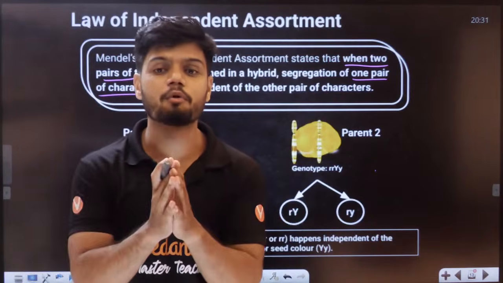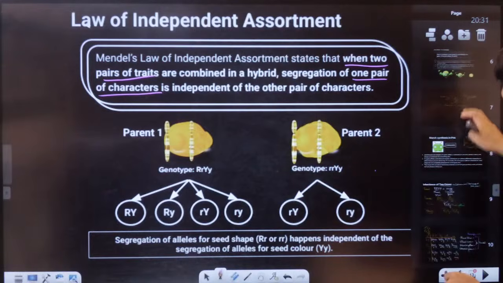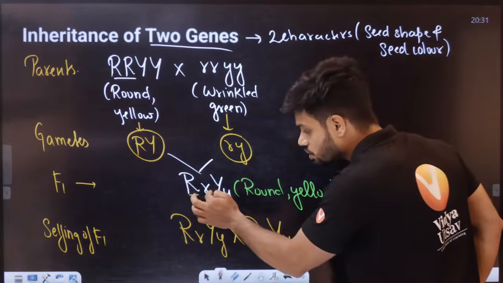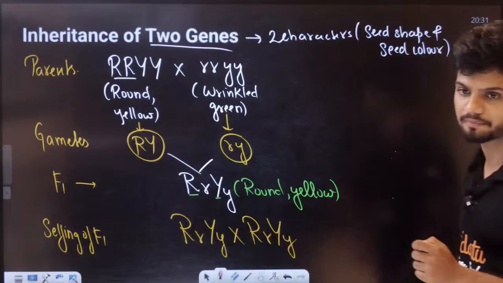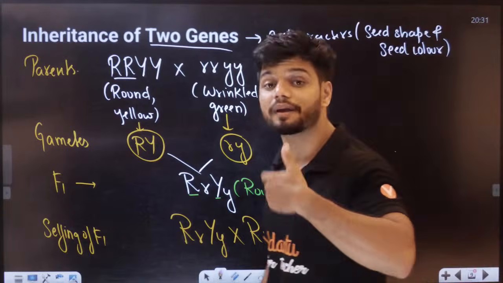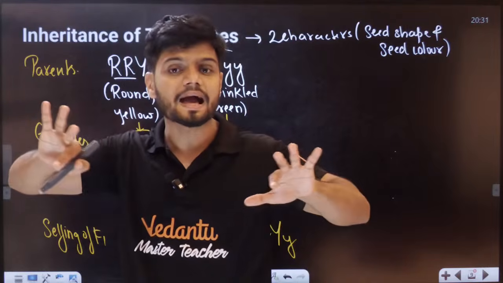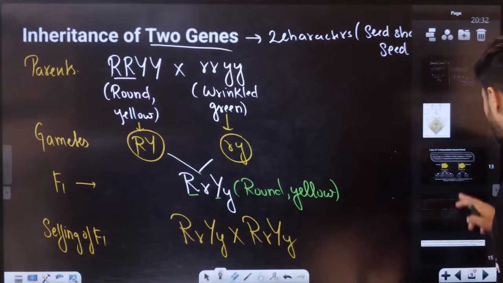They do not mix among each other, students. So in this hybrid, the seed shape will segregate, seed color can segregate separately. That is called the law of independent assortment. When a hybrid, two characters can go separately. That's all.